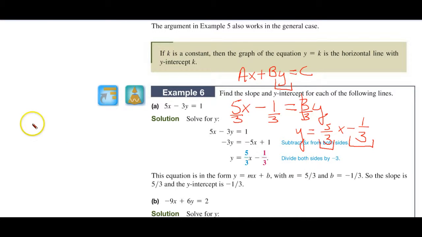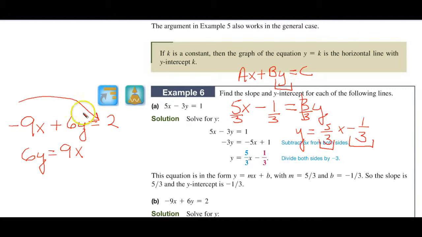All right, let's do letter B here. Negative 9x plus 6y equals 2. Well, my y is already positive, so I'm going to transpose the x, and I get 6y = 9x, and the 2 is already over on that side.